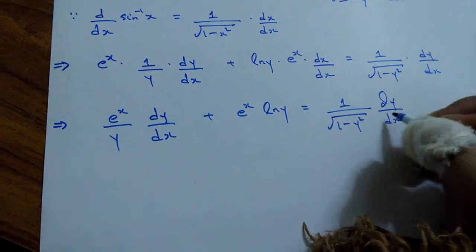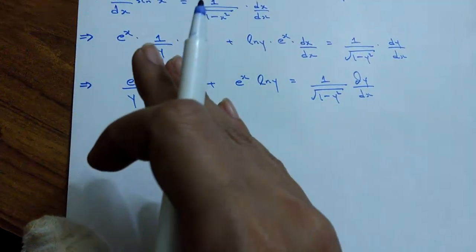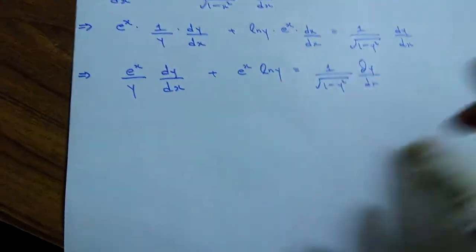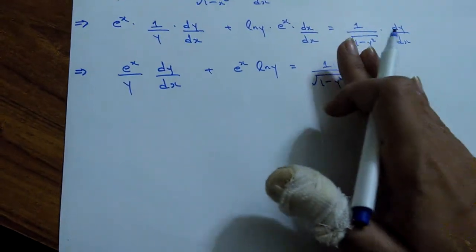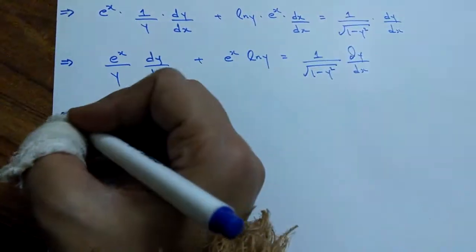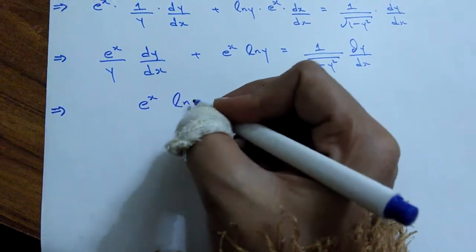Now our next objective is to collect or shift all the terms involving dy/dx on one side. So how about if I shift this side over here and this over here? Also, you can shift this side over here and keep this thing as it is at its place. So we just do it, and it is this.